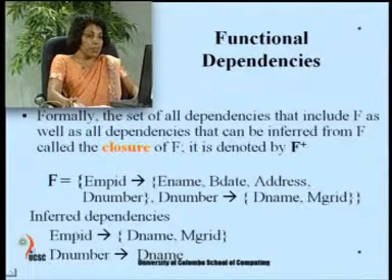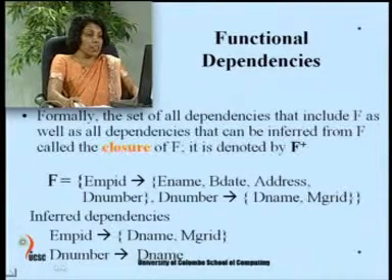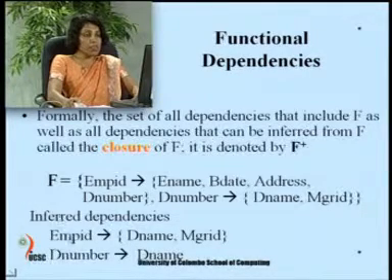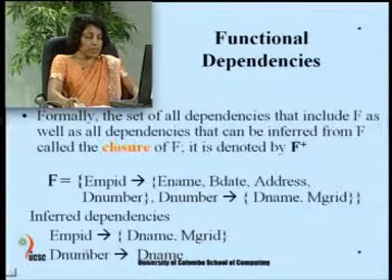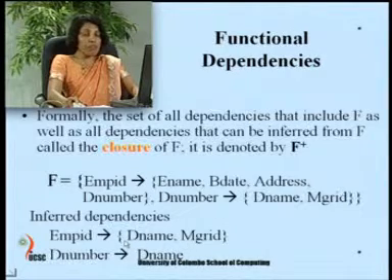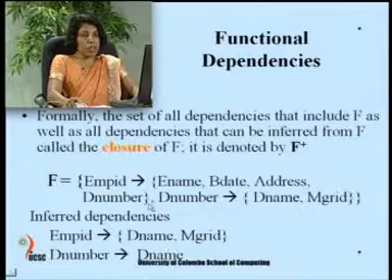And again, from the department number functional dependency, department number is the determinant of department name. So these are the inferred dependencies, and all these together would be called the closure of F, and this would be denoted by F plus.